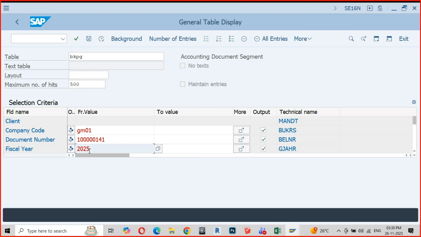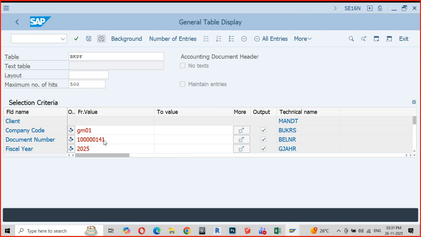All right, so I'm in BKPF. This is the header table. It will contain only one line item, only one entry.